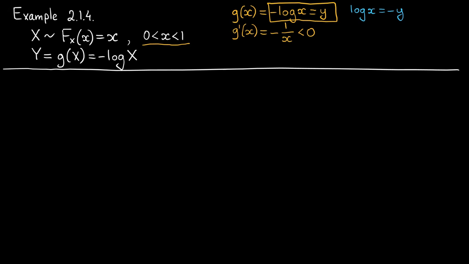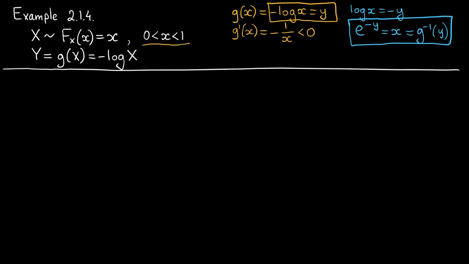Now let's think about what the log of x represents. Log of x is the power to which e must be raised so that we get x. So in this case, if we raise e to the power of minus y, we should be getting x, by definition. And this is our inverse function.